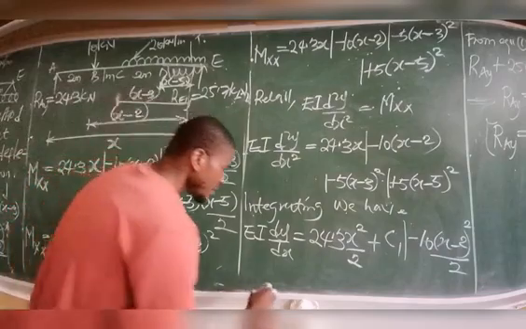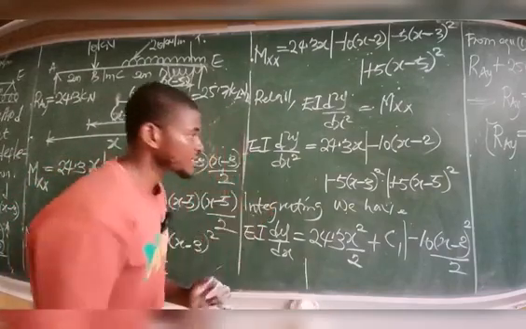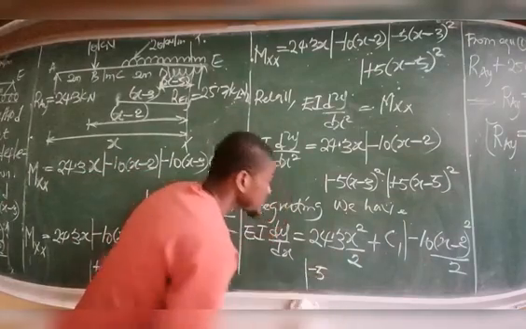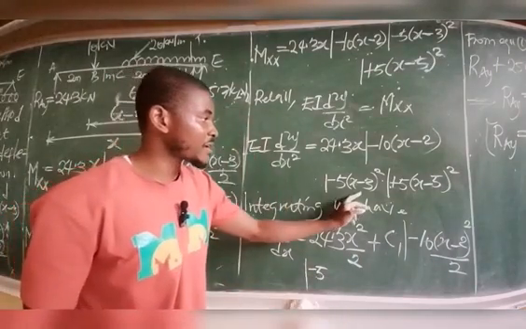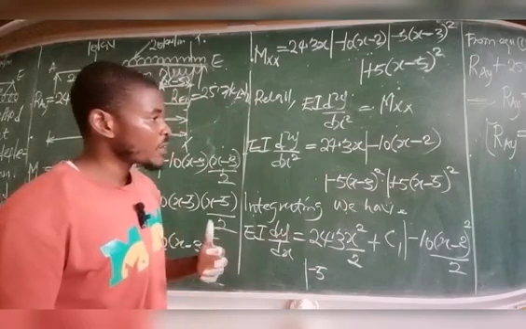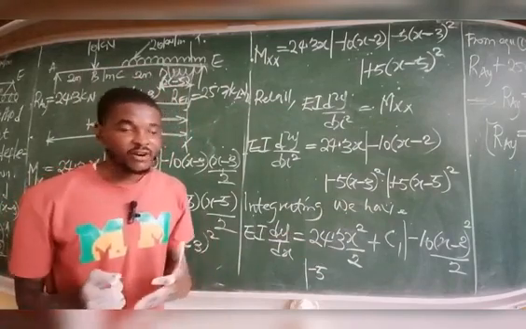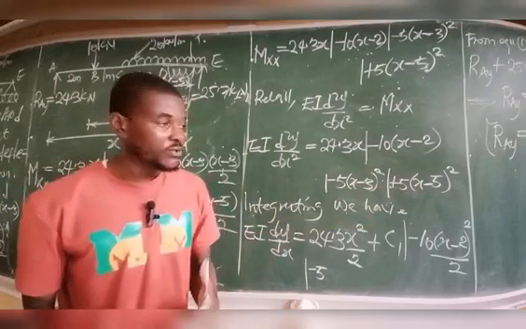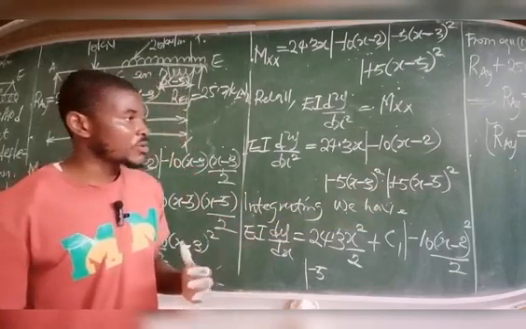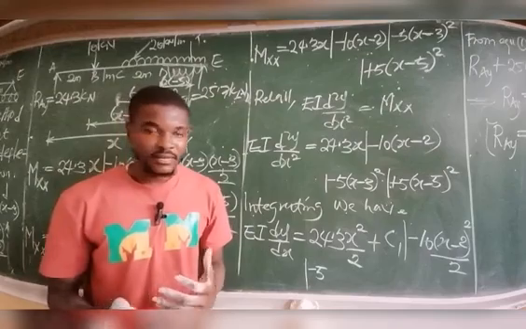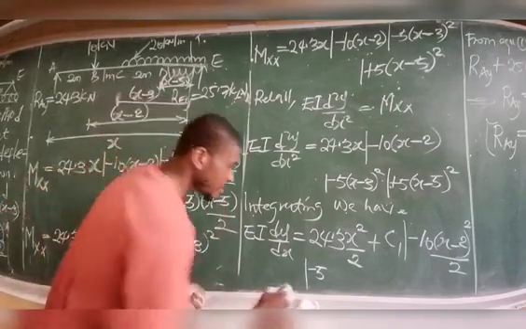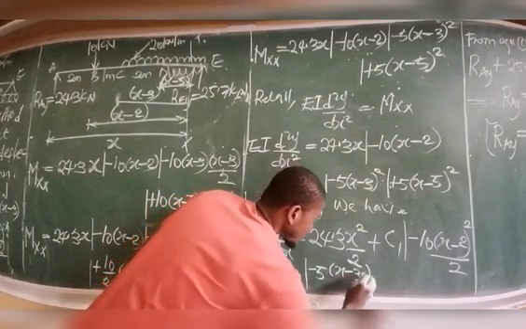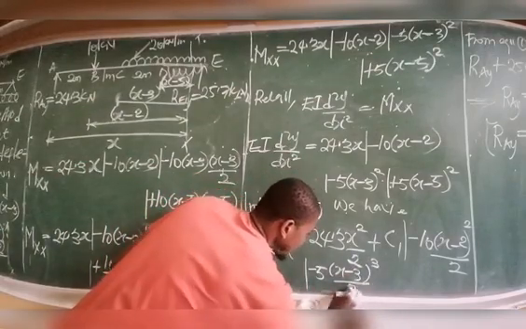Okay, so put down your Macaulay's bracket for this other integral. We simply have minus 5. Still the same theory: to integrate x minus 3 all squared, you integrate it as if you're considering a single variable function. So if I integrate this function, I will simply have x minus 3 all cubed divided by 3. Finally, integrating plus 5 into x minus 5 squared, I will also consider it as a single variable function. Since it's squared here, I add 1 to the power. It becomes x minus 5 to the power of 3 all over 3.